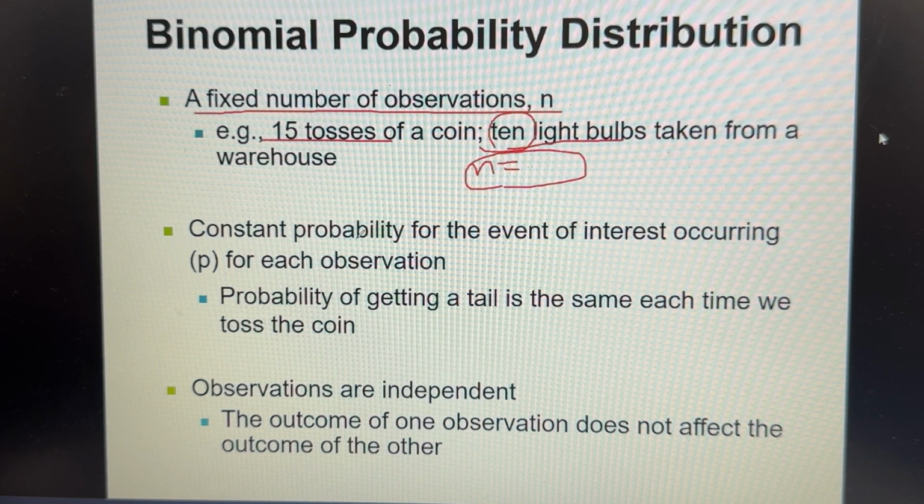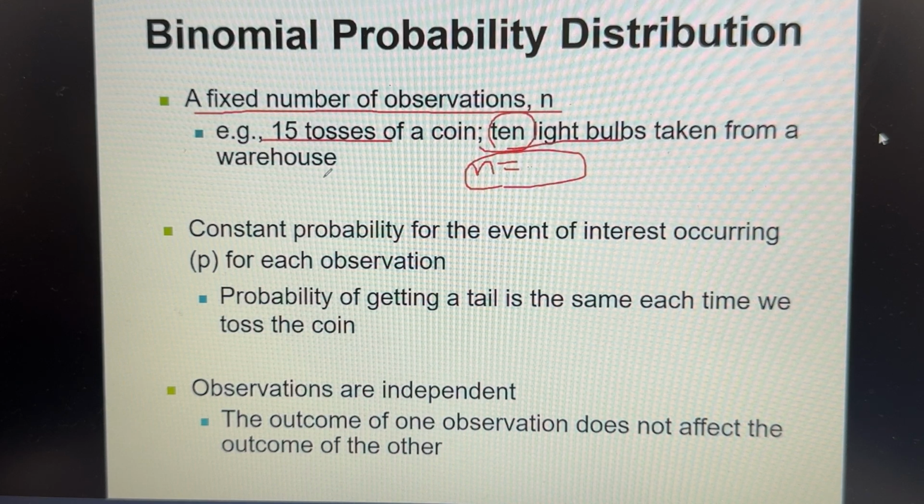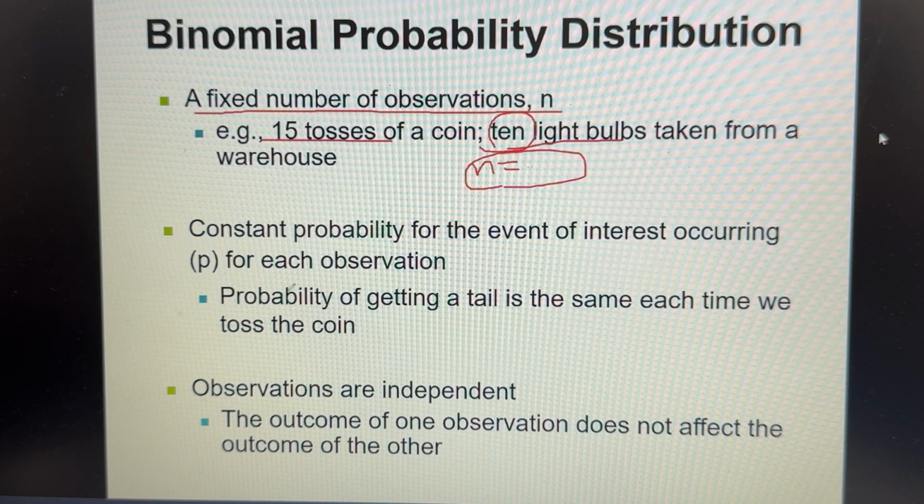Then there is a constant probability for the event of interest occurring for each observation. If there are 15 tosses, for each toss the probability for the event is constant. It cannot change from toss to toss, bulb to bulb, or product to product. It means the probability of getting a tail is the same each time we toss the coin.